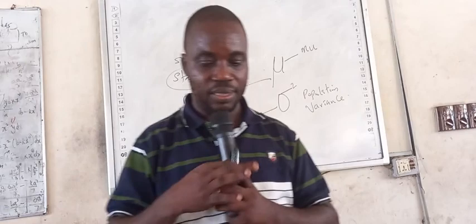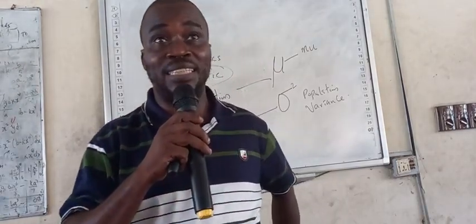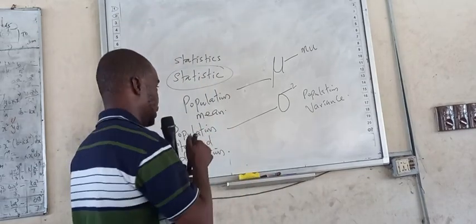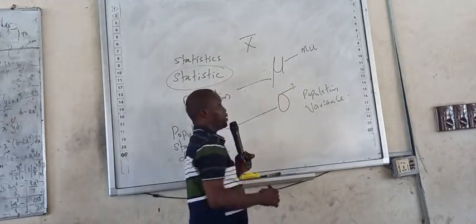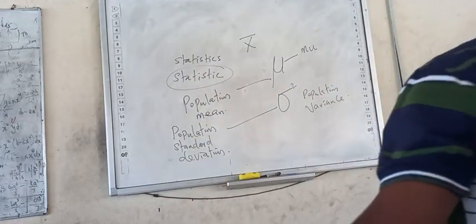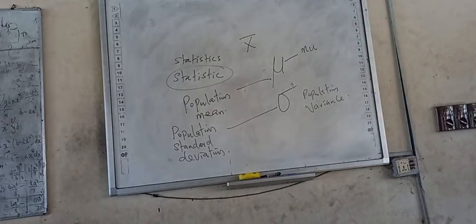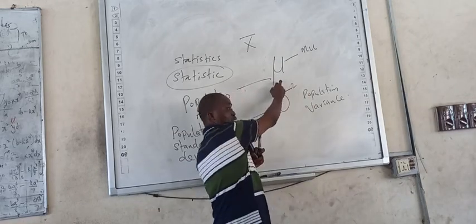Okay? Can I proceed? So we have defined statistic. Example of statistic. X bar. What does it represent? It is not just mean. Sample mean, thank you. You must qualify that mean, because this also is a mean.